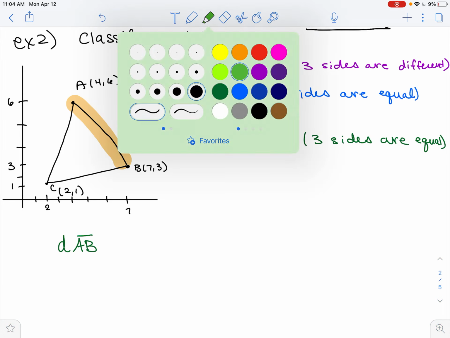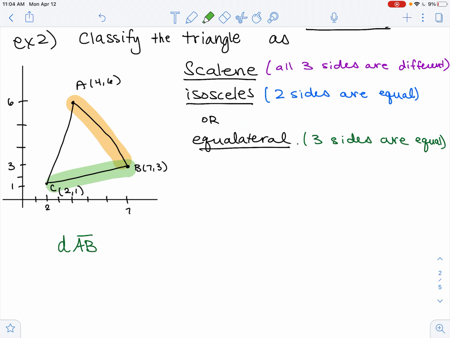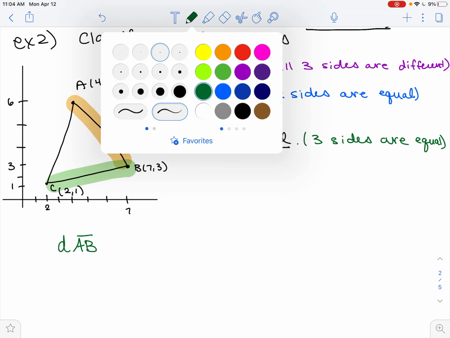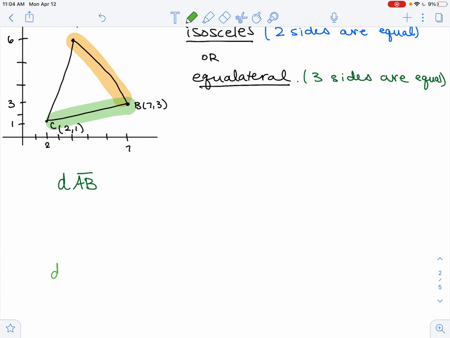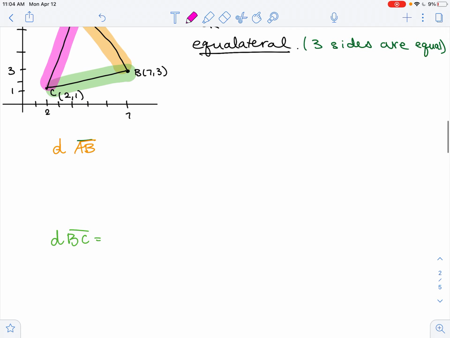We need to know the distance of B to C. And actually, I'm going to make this orange because I highlighted that in orange. And then lastly, it's A to C. So this would be the distance of AC.